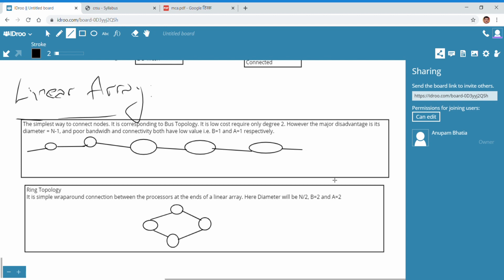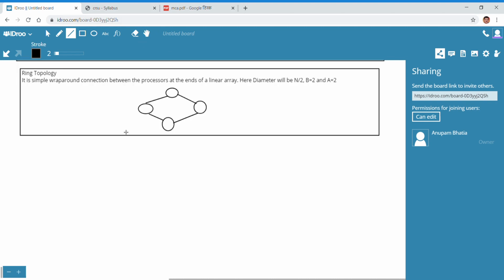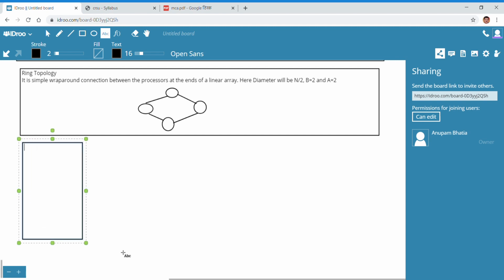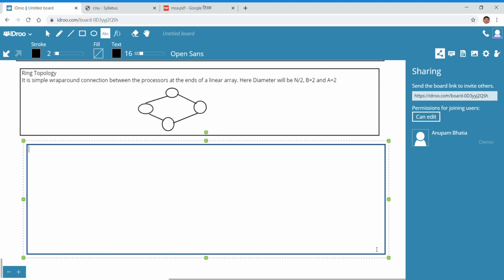The next one is the star topology. Star is also a low cost topology with cost equal to n minus 1.